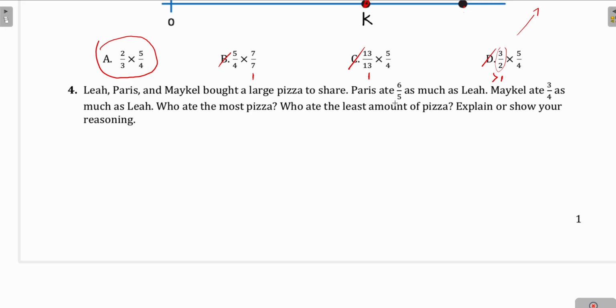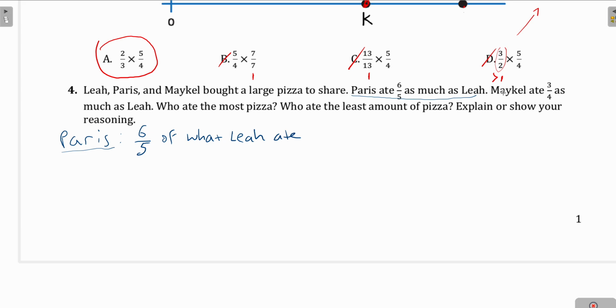It says that Paris ate 6/5 as much as Leah. So Paris ate 6/5 of what Leah ate.